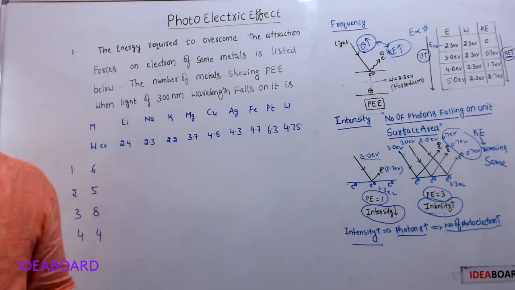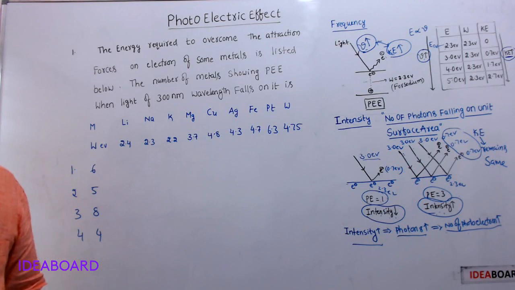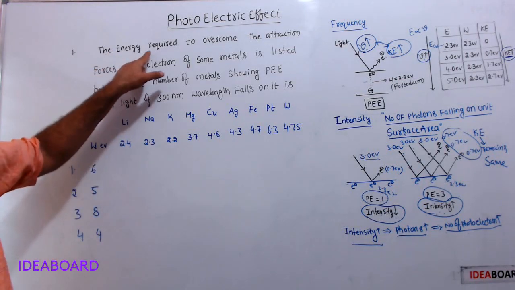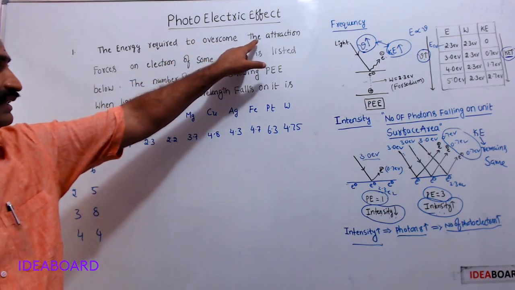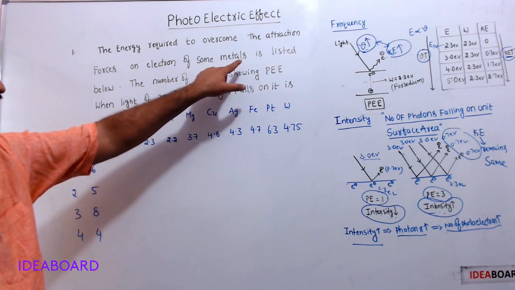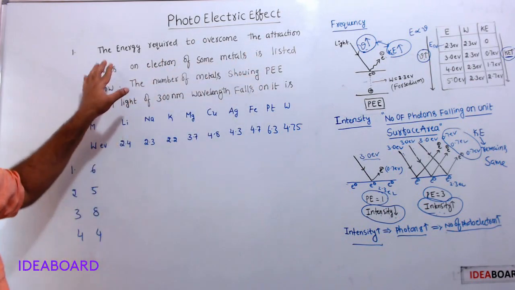Now we'll see one problem based on the photoelectric effect. The given problem is: the energy required to overcome the attraction forces on electrons of some metals is listed below.